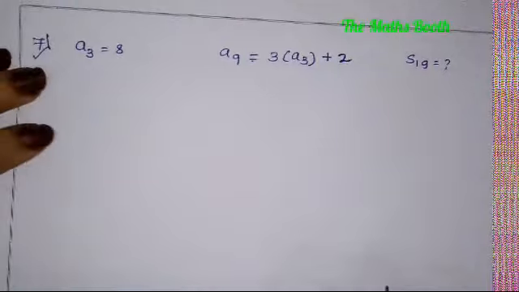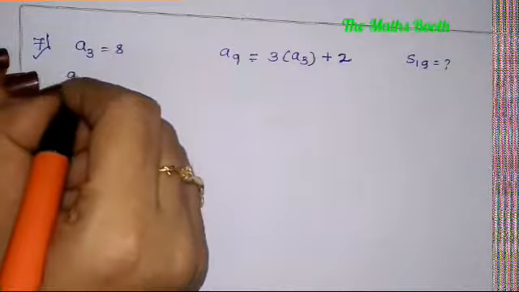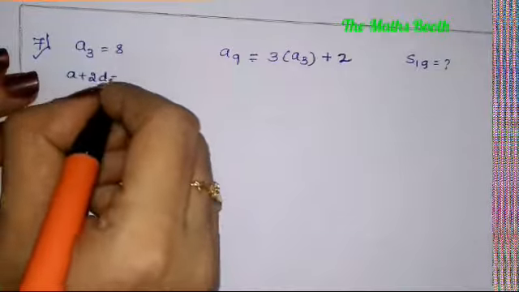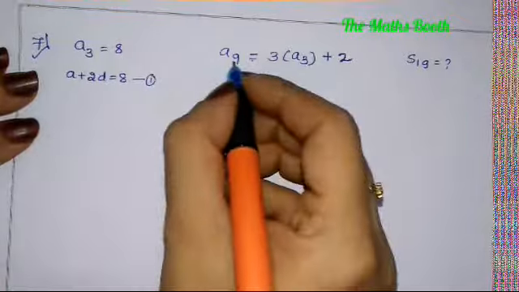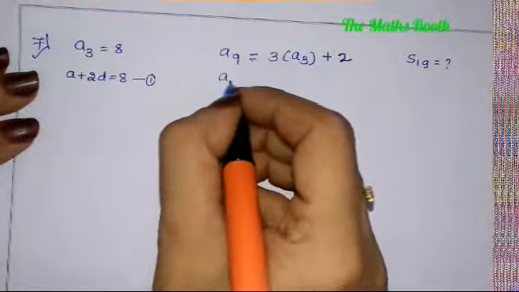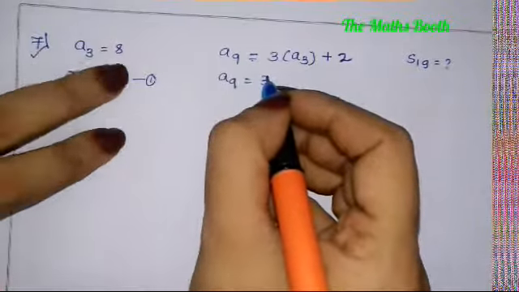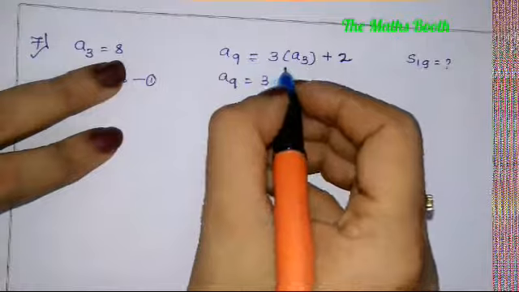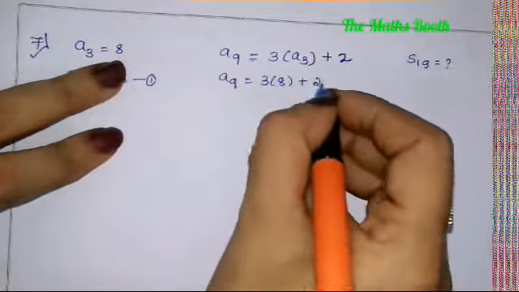We all know that the third term A3 is A plus 2D is equal to 8. Let me write this as equation 1. Here A9 is equal to 3 times the third term plus 2. Third term is given as 8, so in its place we write 8 times 3 plus 2.